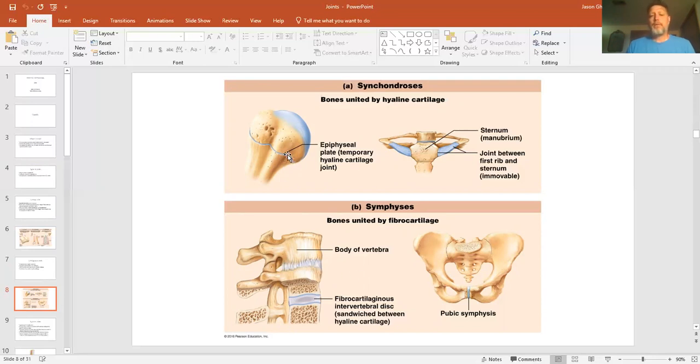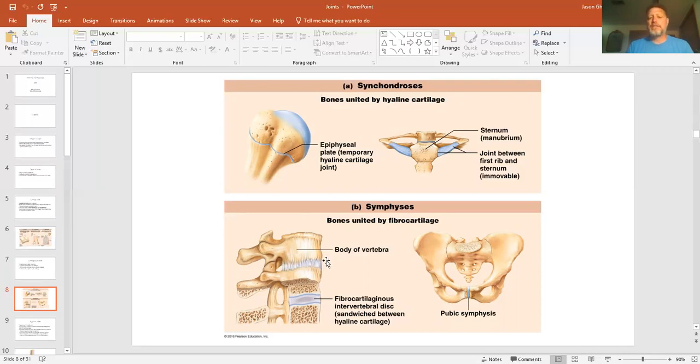Now, if you remember back a couple of lectures ago, that epiphyseal line, the epiphysis and the diaphysis were actually two separate bones, and then they grew together as we get older. So it's easy for a young teenager to actually pop the epiphysis off of a bone, depending upon the location of it. And as we get older, that doesn't happen because they kind of fuse together.